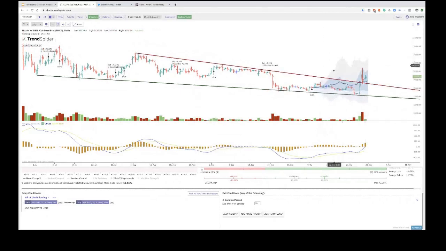This cloud, this outline here, is the biggest move that ever happened over these 9 positions. So you can see relatively, this recent MACD cross is doing better than the average, but it's still not doing as well as the biggest move that ever happened over these 9 positions.